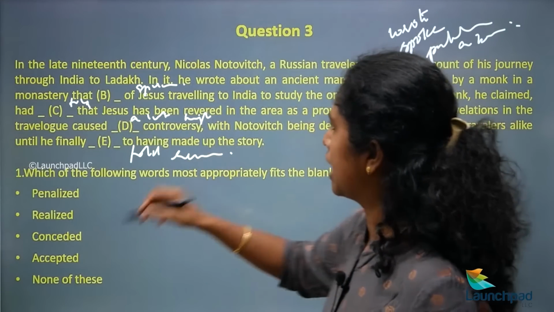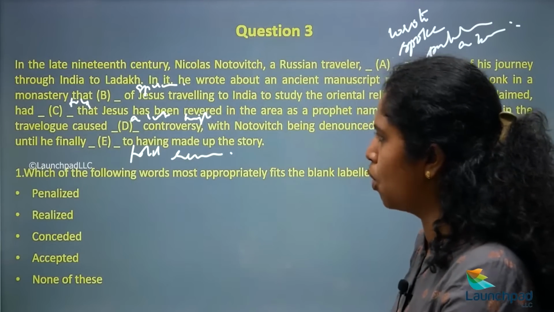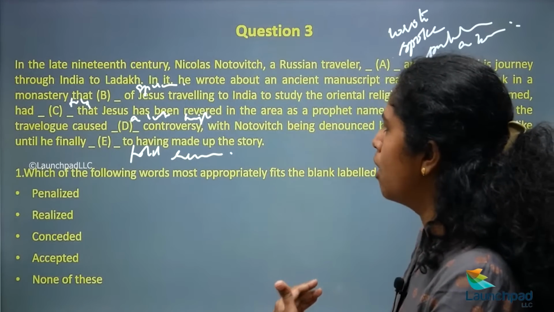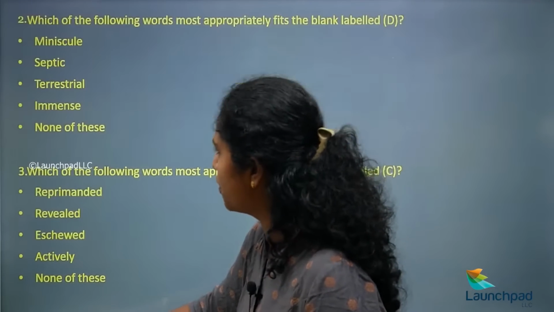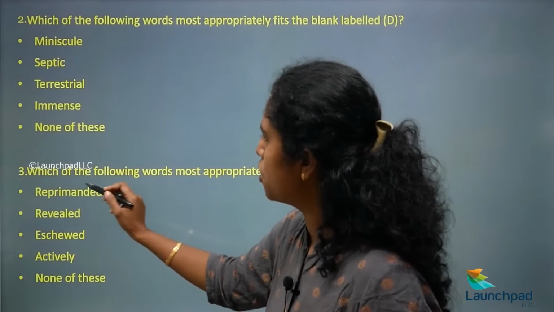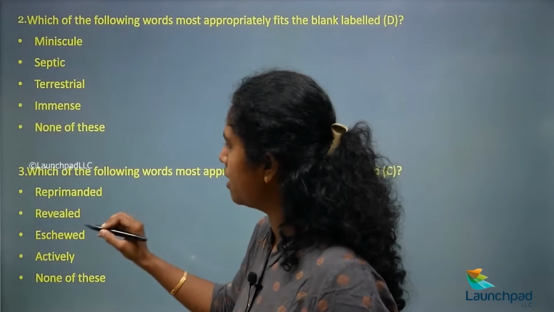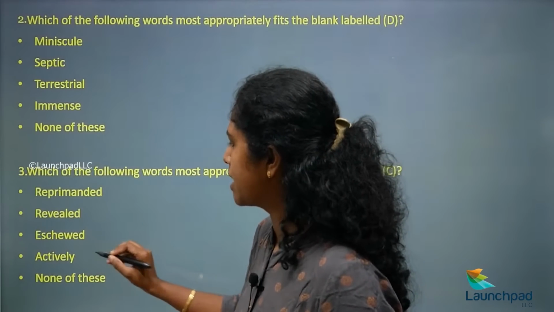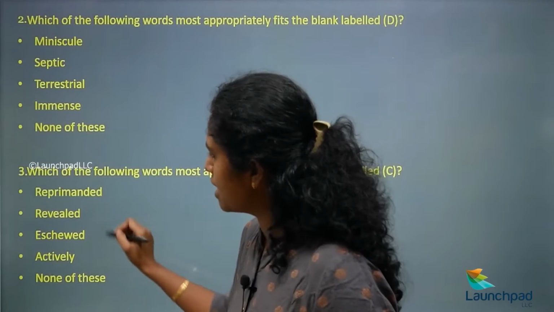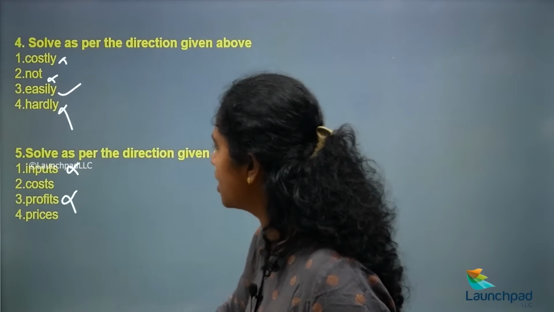So the monk, he claimed, had told that Jesus has been revered. So told or spoke, or he has revealed or something like that. Reprimanded, revealed, eschewed, actively, none of this. Revealed is the right option because you have a connecting word also.